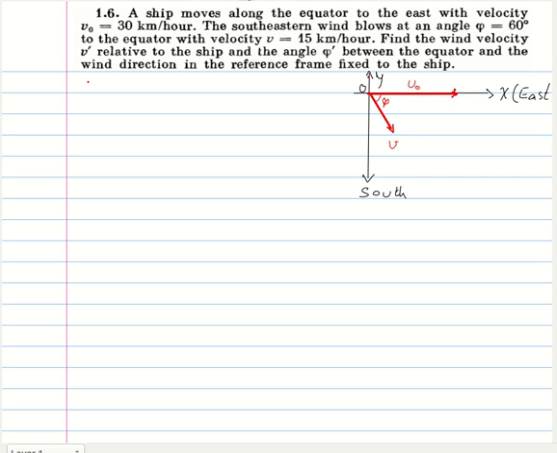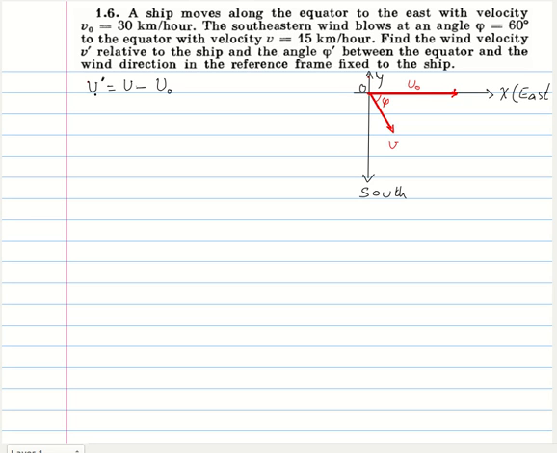Now we know that relative velocity of an object is given by, for example, suppose we have an object moving with the speed v in the fixed reference frame. Then suppose we have another reference frame which is moving with velocity v naught with respect to the fixed reference frame, then the relative velocity of that same object is given by v dash is equal to v minus v naught.